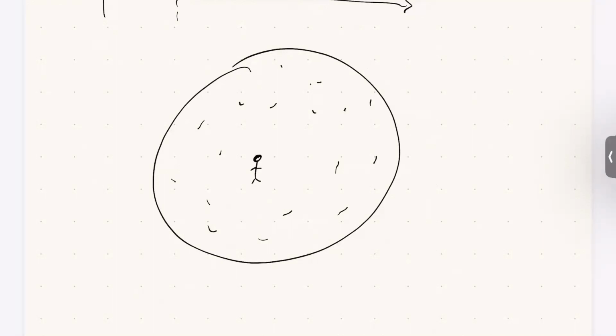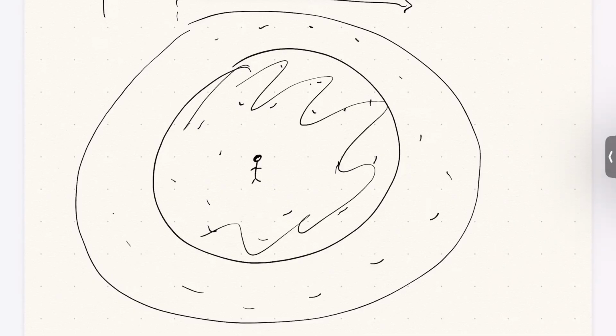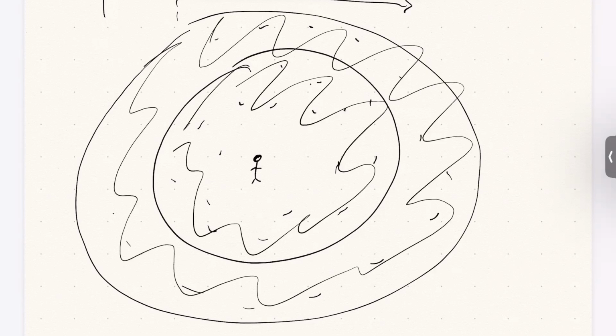If the universe is expanding, my view along with the universe should also increase. So if I can see this much today, I should be able to see more later on. Right? That makes sense.